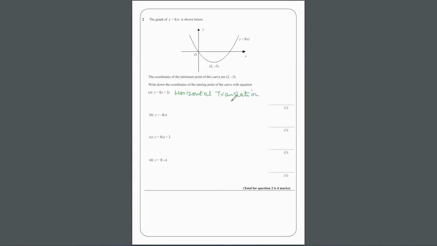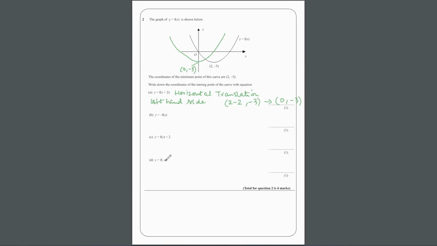And since we're adding something to x, that means we're going to move to the left-hand side. So what you will do is subtract 2 from the x value, which is 2. The y value remains the same. So that's going to give us 0, negative 3. So if we draw the graph, it's going to come over here. So this is going to be your turning point now.